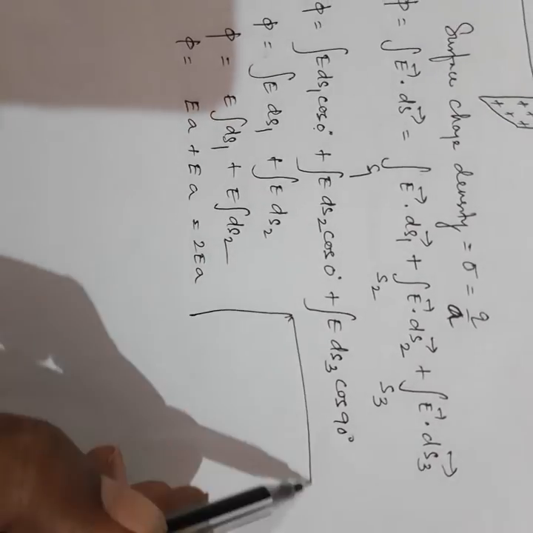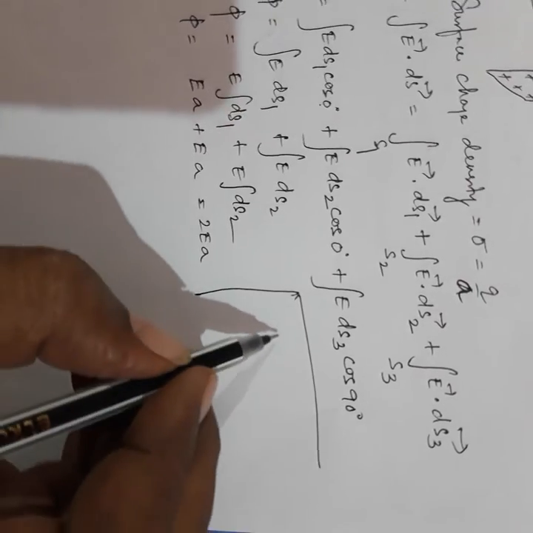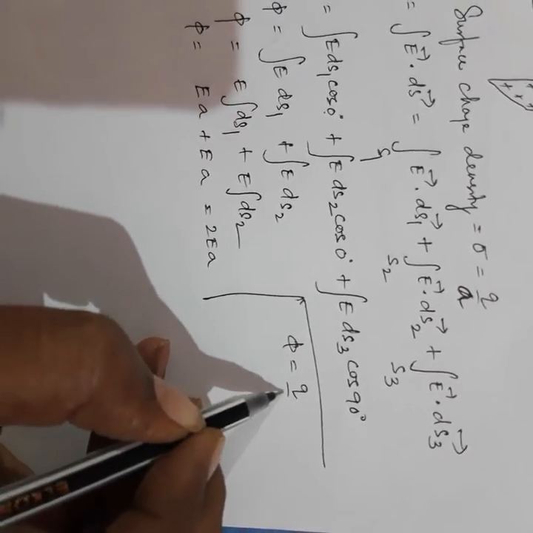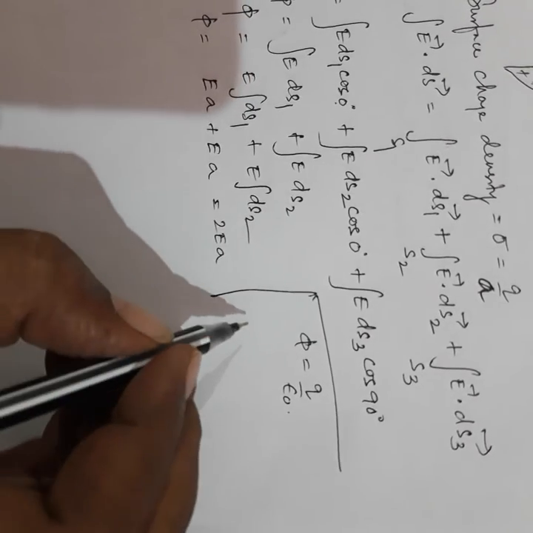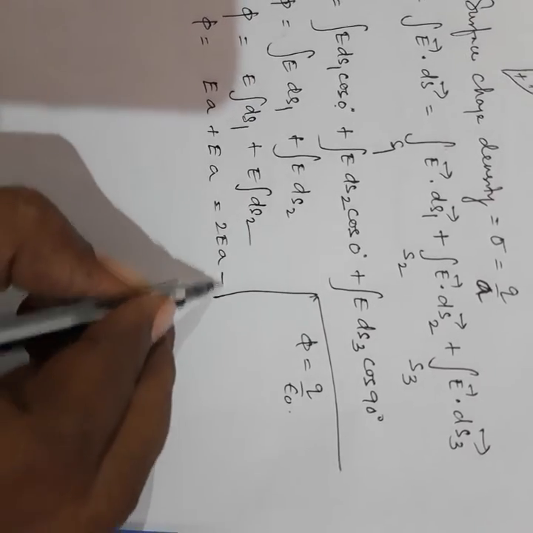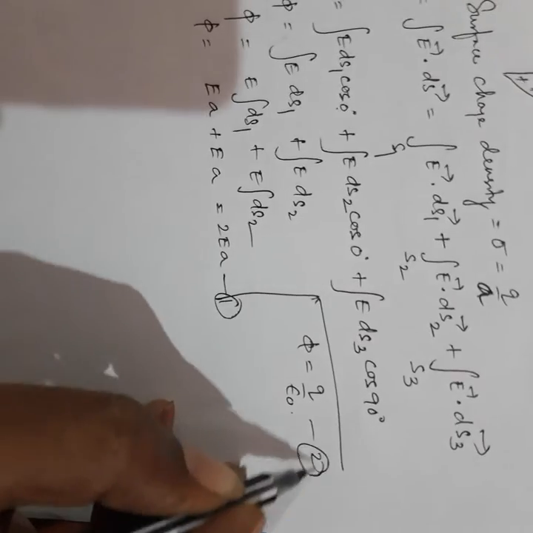But according to Gauss law, phi is equal to what? Q by epsilon naught. So this is equation 1 and this is equation 2.